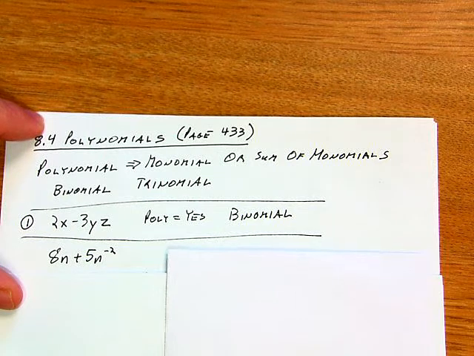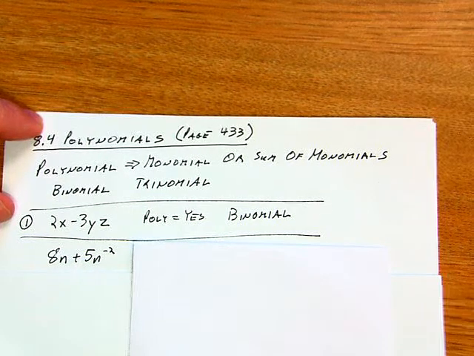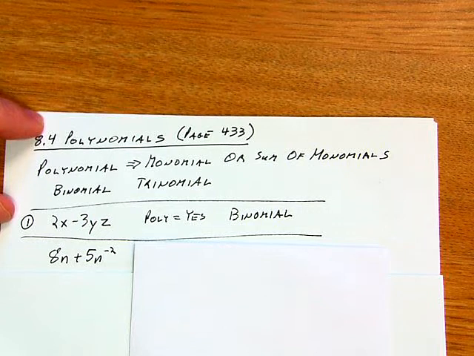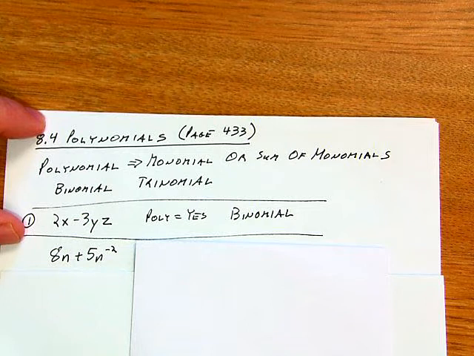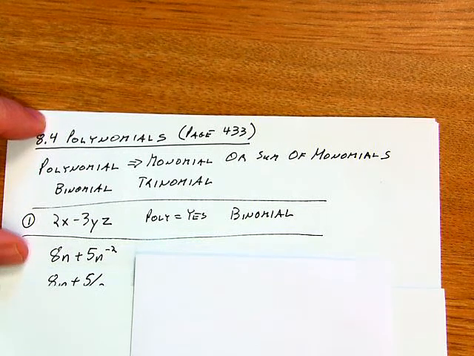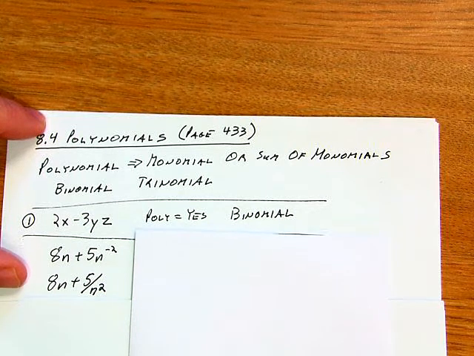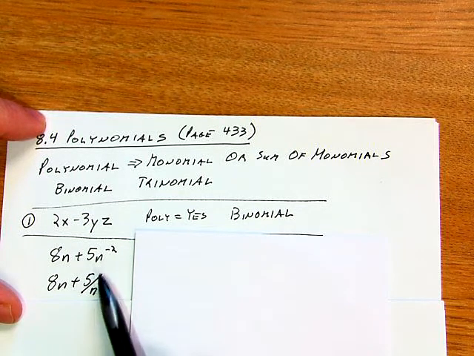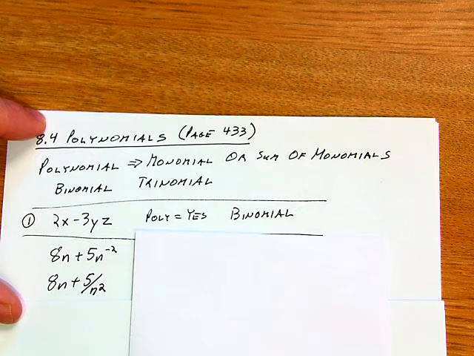Alright, let's look at the next one. What if we have this term: 8n plus 5n to the negative 2. In this example, we have to ask, is this a simplified form? It isn't, because we don't like the negative 2. So let's rewrite this with the n squared moving to the bottom. So we get 8n plus 5 over n squared.